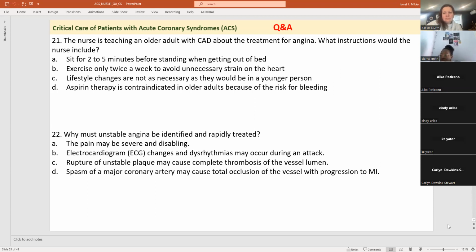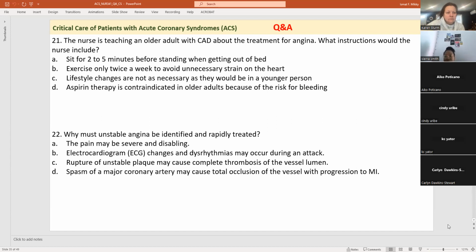So any type of angina that is associated with severe pain, the EKG or ECG changes or dysrhythmias, that's for C. Then for the basis of the spasm, that's transmittal angina, and usually I would say that's the characteristic of this specific type of angina, the coronary artery spasm.